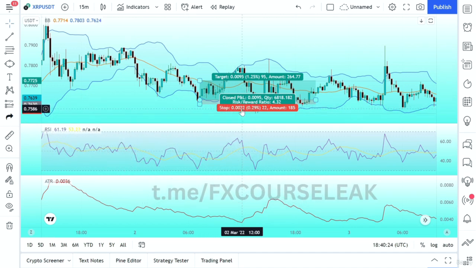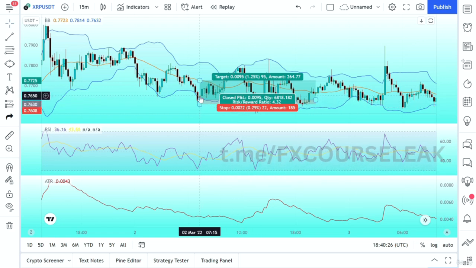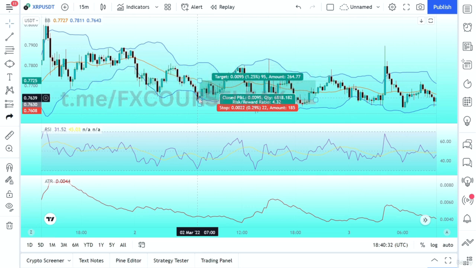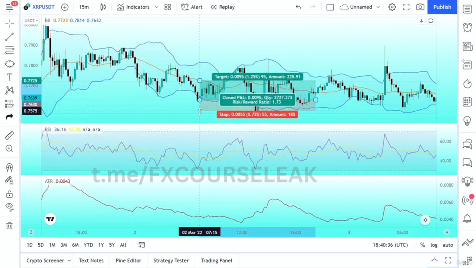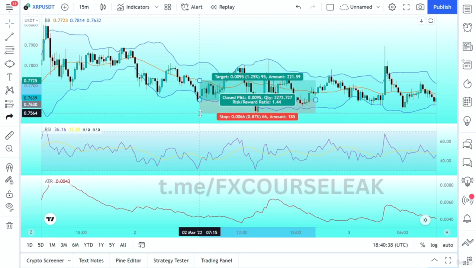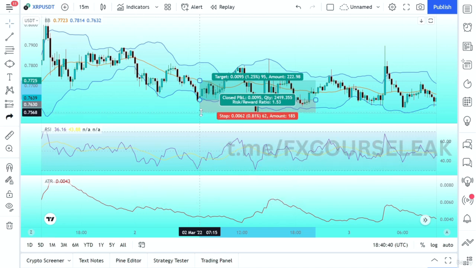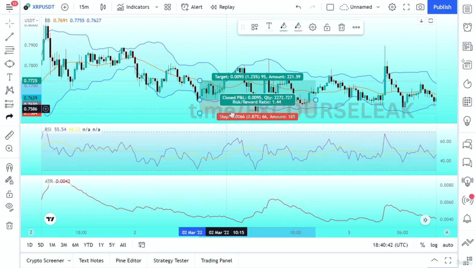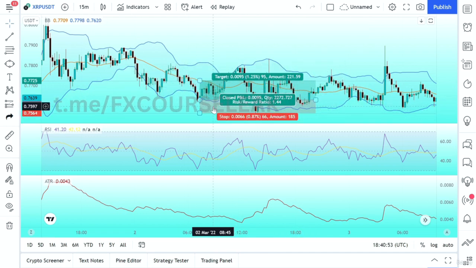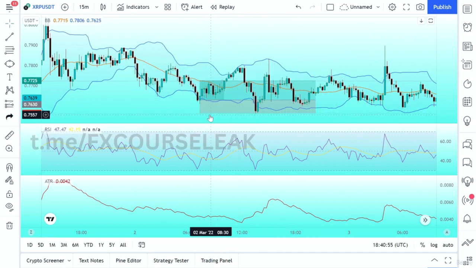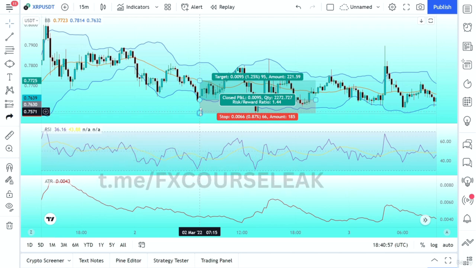So I will add these two numbers, ATR value 0.0043 plus 0.0022, which gives me around 0.0065. So I will drag this stop to 0.0065, roundabout here. This is how you can put the stop loss on your scalp trade.